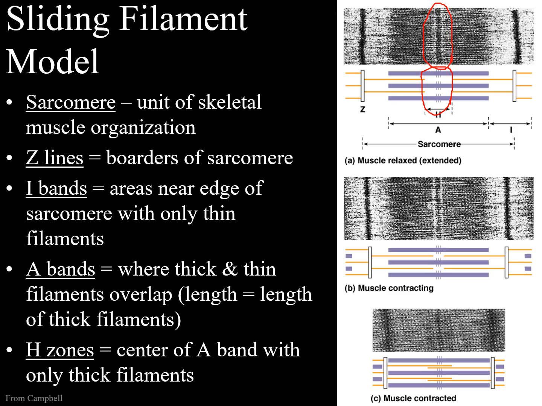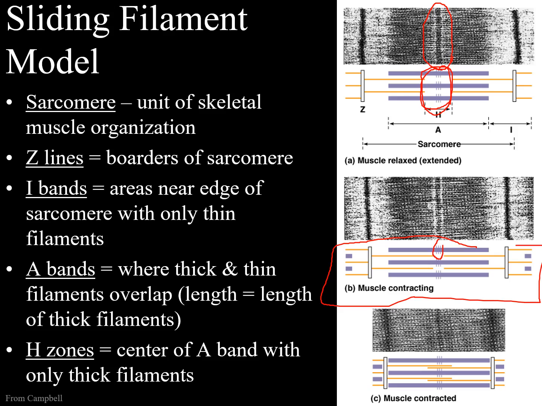It's probably easiest to look at the schematics. The top picture has the muscle fully relaxed. The middle picture down here is the muscle as it's starting to contract, and you can see that the H zone here is a lot narrower than the H zone is up here when the muscle's relaxed.